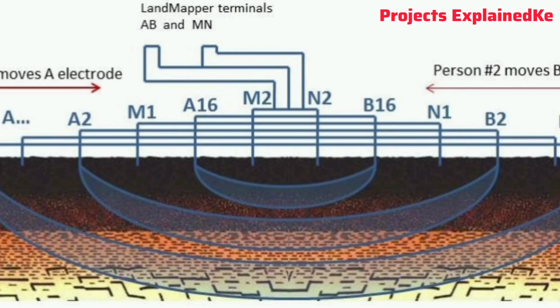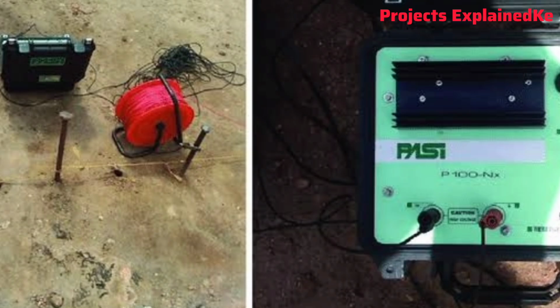Those electrodes are metal pieces that you move at different stages so that you can get a variance. By varying the spacing of the electrodes, you can create a profile of how resistivity changes with depth.